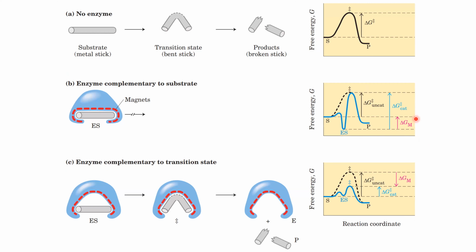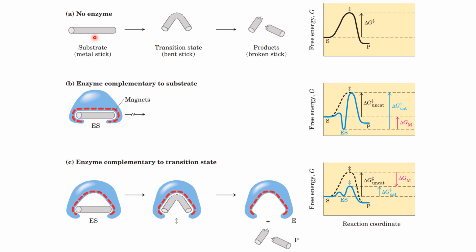This is another diagram to make it more visible and understandable for you. Just imagine we take an example, and consider that the substrate is a metal stick on which the enzyme has to act, and a certain kind of reaction has to proceed, right?